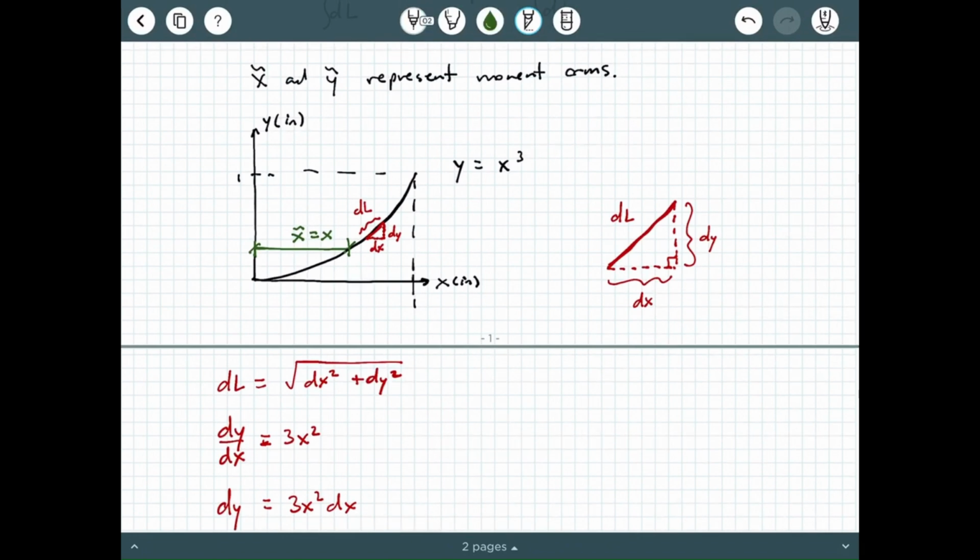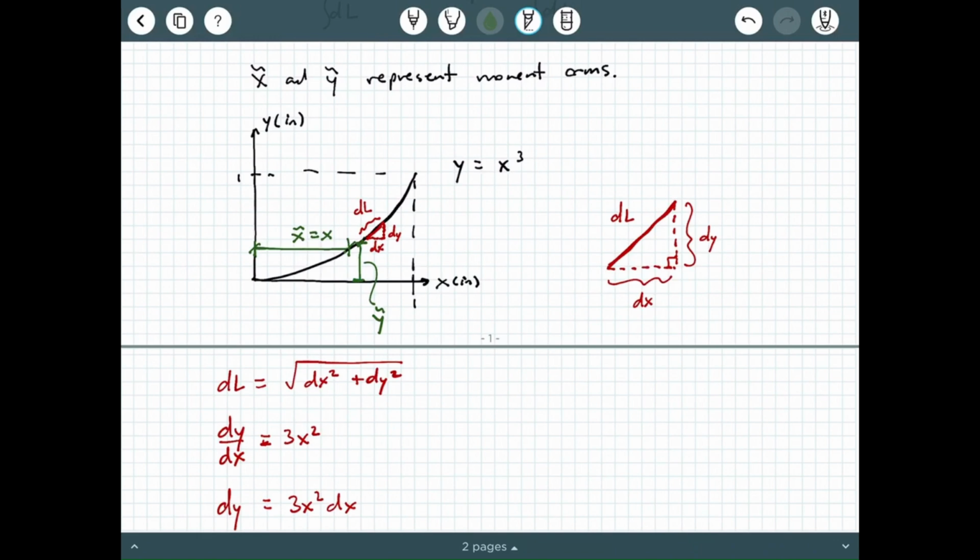Well, y tilde is a measurement from the x-axis up to the curve itself. This is y tilde. So y tilde could represent this little moment arm, this moment arm, this moment arm, all the way up to this moment arm. Either way, it's a distance from the horizontal x-axis up to the curve itself.